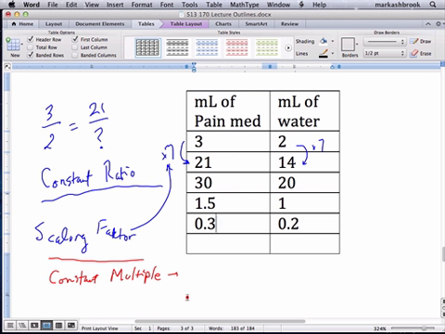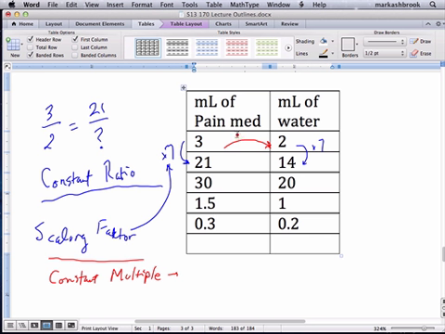What's that? The ratio that you have. Okay? So constant multiple is talking about what number would I multiply 3 by to get 2?